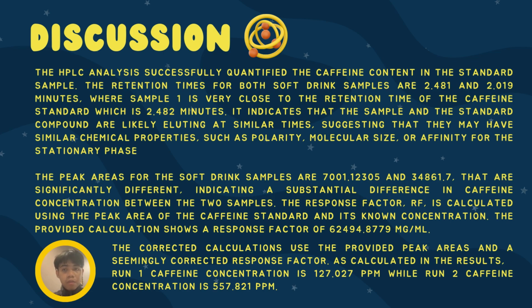The peak areas for the soft drink samples are 7001.12305 and 34,861.7. They are significantly different, indicating a substantial difference in caffeine concentration between the two samples. The response factor, RF, is calculated using the peak area of the caffeine standard and its known concentration.